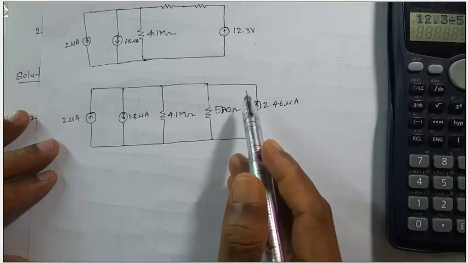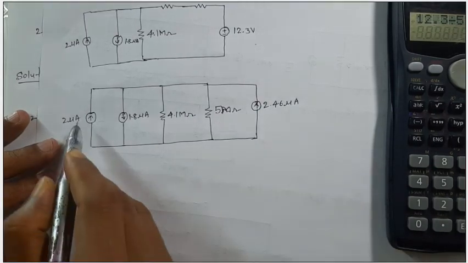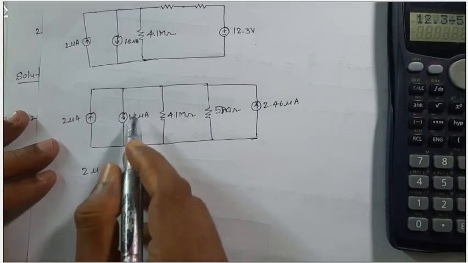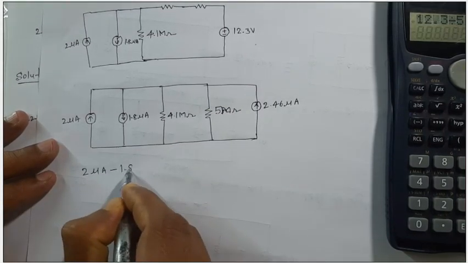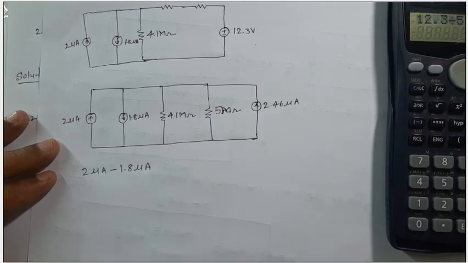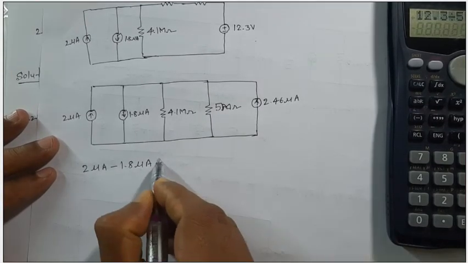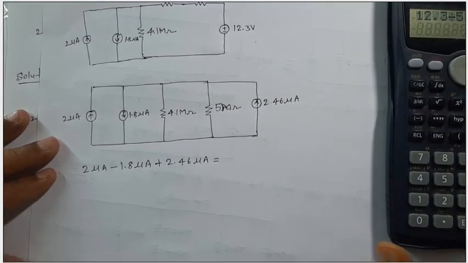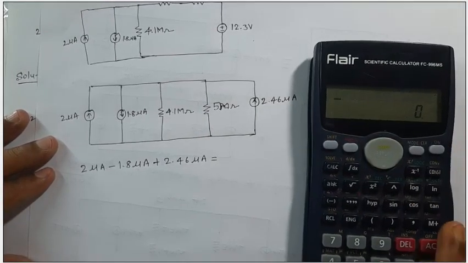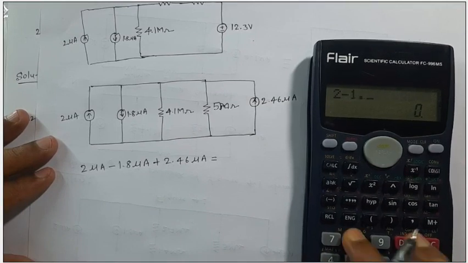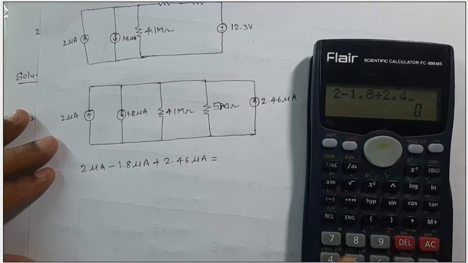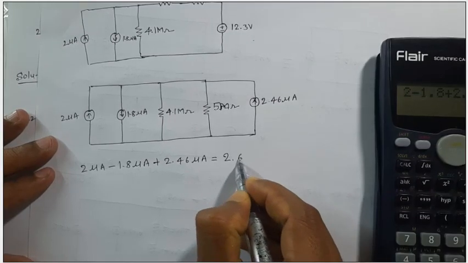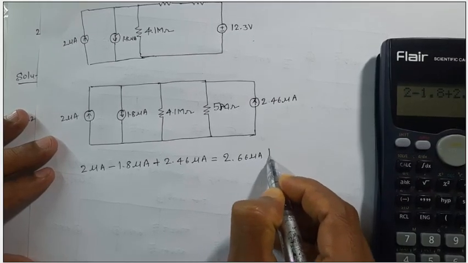We can reduce it to a single current source, because 2 microampere in upward direction I will take positive, and 1.8 in downward direction I will take negative, and plus 2.46 microampere, which we add all together. So 2 minus 1.8 plus 2.46, we got equal to 2.66 microampere in upward direction.